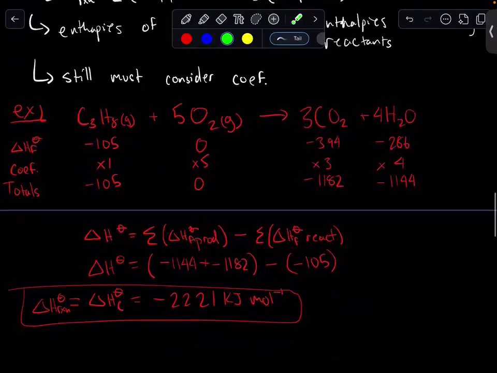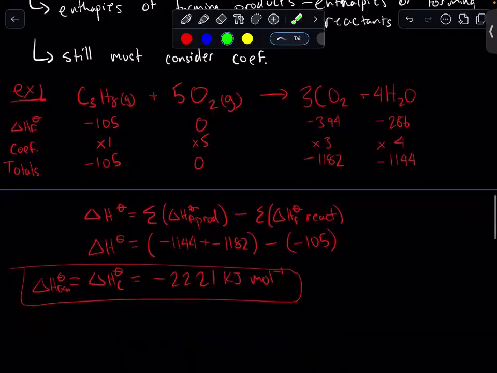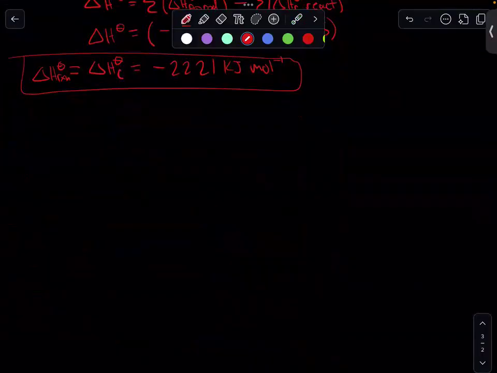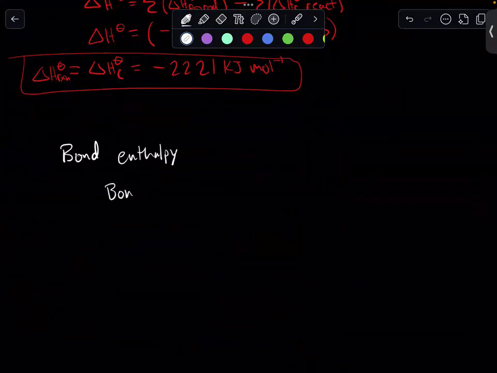The one thing I see students do with enthalpy problems is they use the wrong equation, because now we have learned 3 equations that I will just quickly review. If you're using bond enthalpy, it's bonds broken minus bonds formed, which is another way of the bonds of the reactants minus bonds of the products.